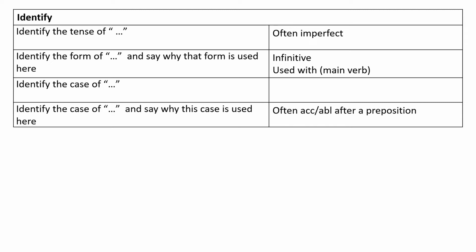So the examiner might pick out the phrase ad villam, identify the form of villam and say why this case is used. You would say it's accusative because it follows a preposition. Very straightforward. However, that's not the only example of that kind of question, so we will look at some others too.